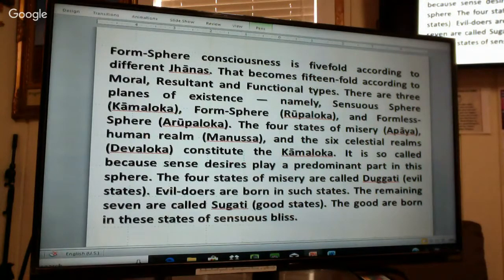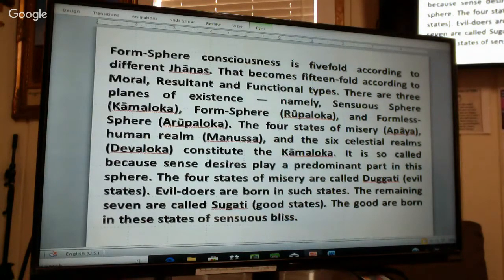Functional is special for the Buddha and Arahant, not for ordinary persons. We call it Kiriya Chitta, functional mind. The mind is very pure, with no mental defilement or impurity, in the Buddha and Arahant. So that is a special mind.